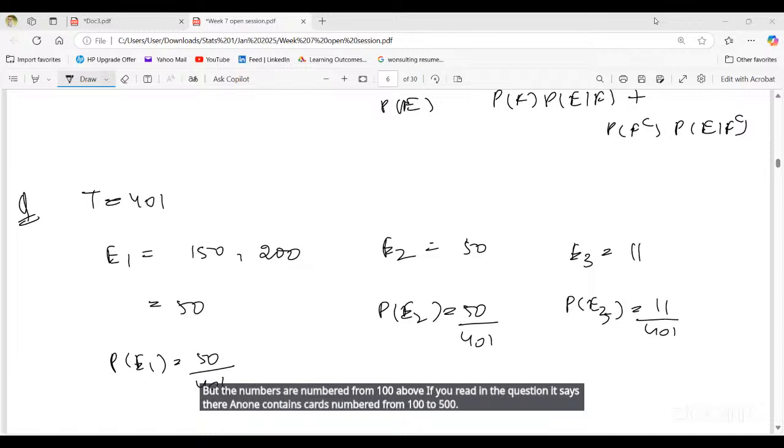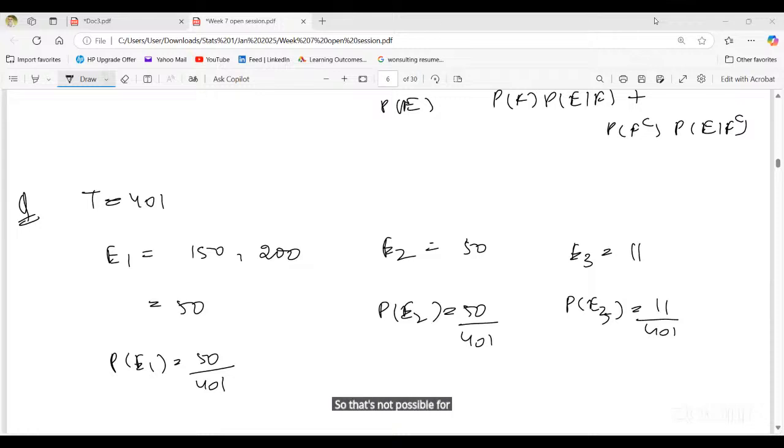So it's not possible for numbers below 100 to be present. That's why we're only considering 100, 101, 102, all the way up. Okay, so there would be 11 cards. Okay.